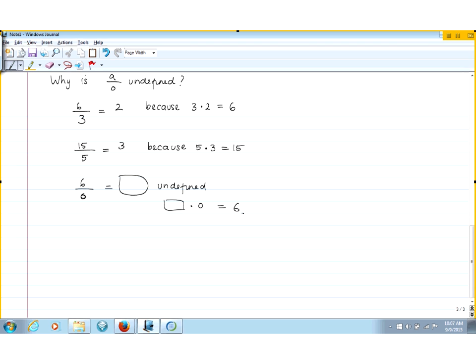So no number multiplied by 0 will give us 6. Now what about if I have 0 divided by 5? 0. Why? Because 5 times 0 is 0. So you see, this one is different. So the denominator can never be 0. Otherwise, the expression is undefined. So far, so good. Now you're convinced why it's undefined? Okay. It makes perfect sense.